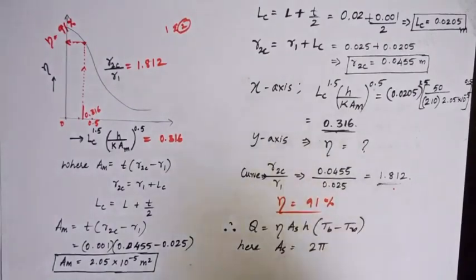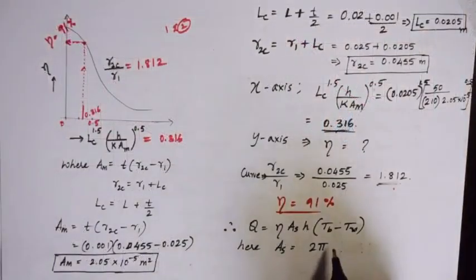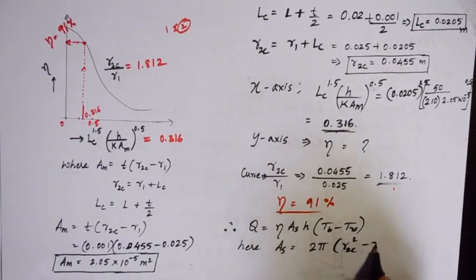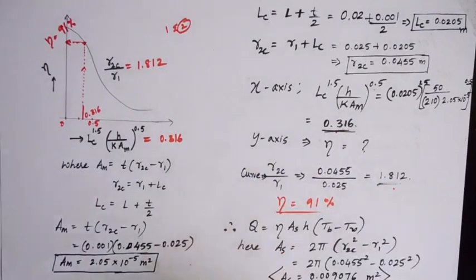The formula given in the data handbook, you can just have a look at it. Yes, so you can note down the surface area given in the data handbook, pi (r2c square minus r1 square). Therefore, we can find out the value of q.